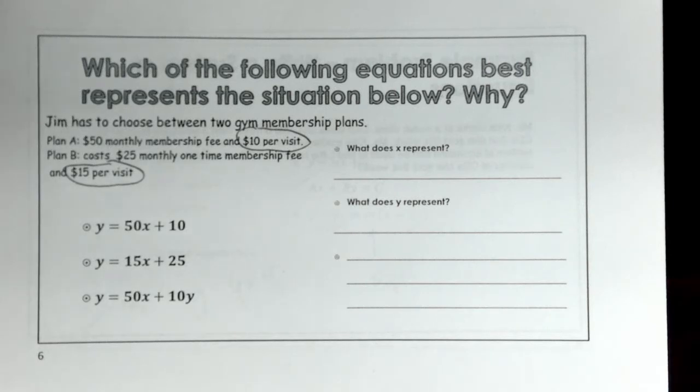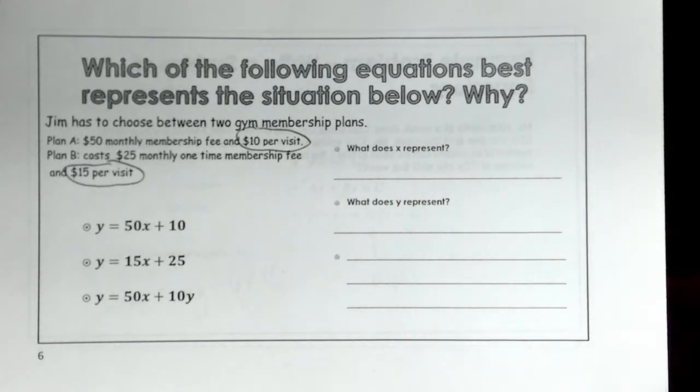Per visit, that's telling you 15 times the number of times you go. Or $9 per ticket sold, so 9 times the number of tickets sold. So when you see the word per, that's your rate of change, and that's going with your independent variable.